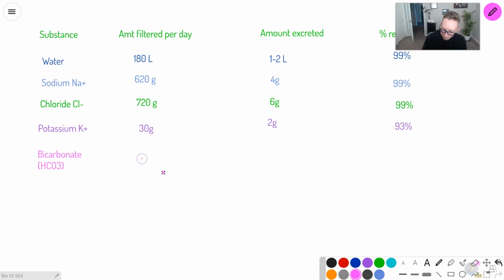This is 275 grams, and 0 grams are excreted. So 100% of it is reabsorbed. Okay, the next one is important too. Doing this in blue. This is glucose.